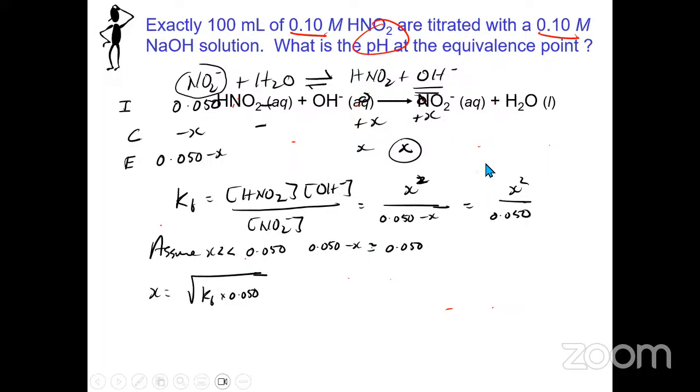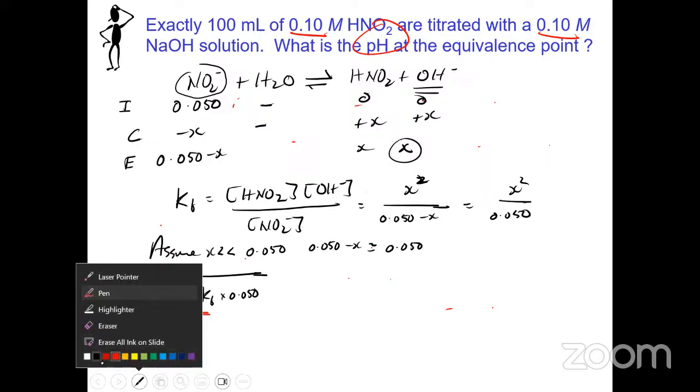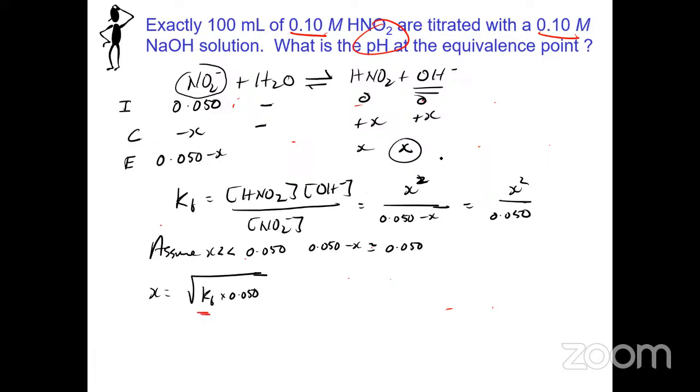Going back to the PowerPoint, you have the Kb value here, which you're not given, but you have the Ka value for the corresponding acid. So can anybody remind me of the relationship between the Ka of an acid and the Kb for the conjugate base of that acid?